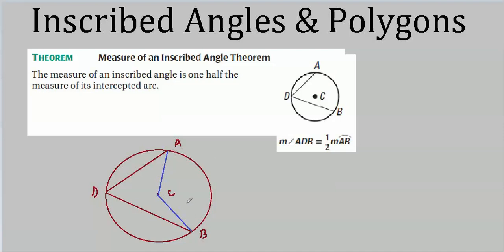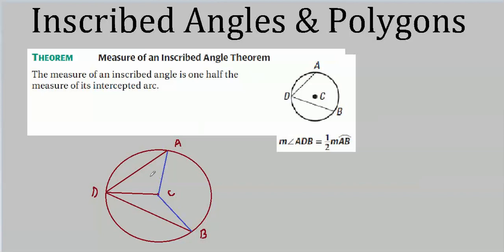Why would that be true? Well, I think if we draw in some more triangles here, that's usually what we do with these circles. We're going to create triangles out of radii. That way we know that they're the same length. The radii are all the same length. And we'll see what that does for us.